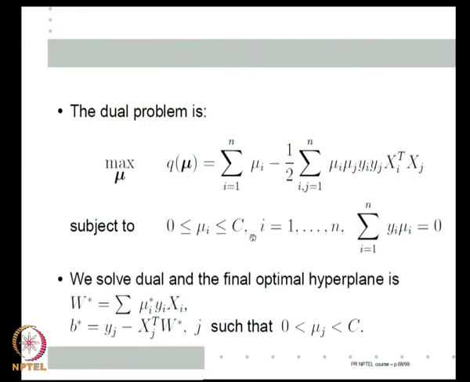So, we solve the dual, and once again this gives my optimal hyperplane. The only difference is that earlier b star was computed for any j such that mu_j is greater than 0, and now it is for mu_j strictly between 0 and C. So, this one extra upper bound on mu is all the difference in the optimization problem between solving the problem assuming the training data is linearly separable, and taking general data and finding the best possible linear separator.